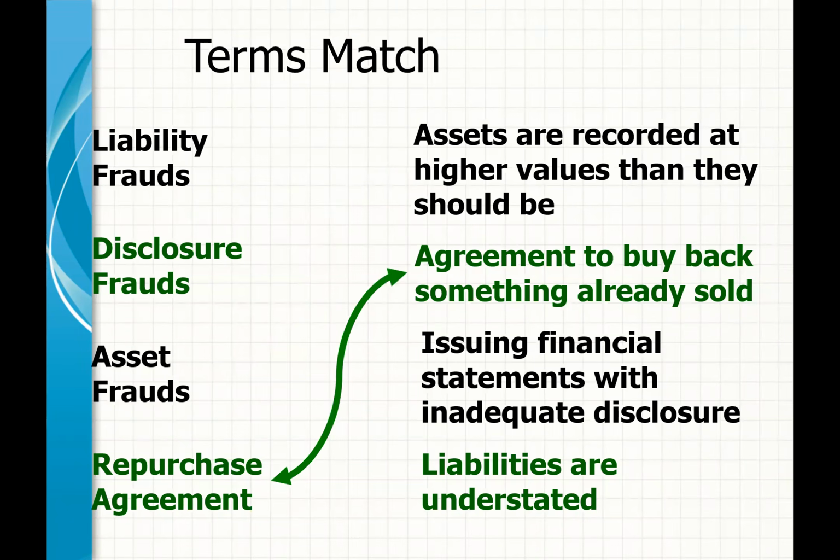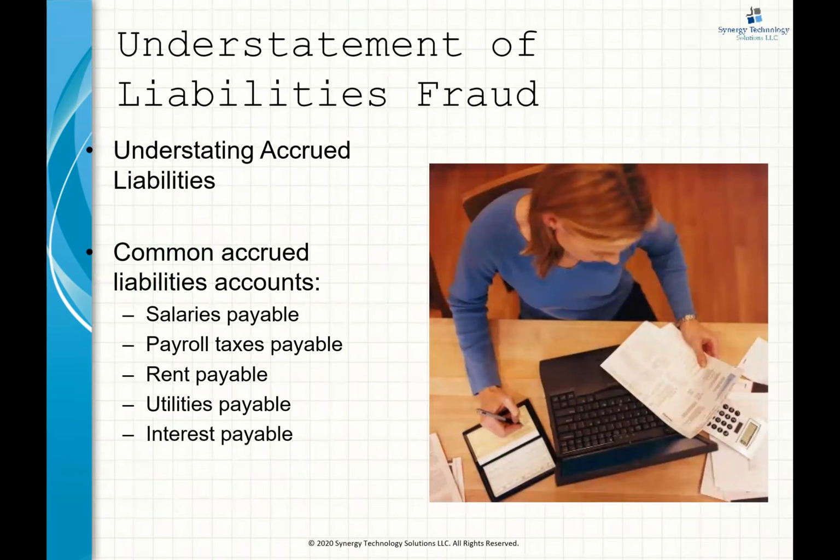Repurchase agreements: sometimes these agreements are not disclosed, and that could be a significant risk to the company. Now, understatement of liabilities fraud, where we are understating accrued liabilities. Usually the items that are understated are salaries payable, payroll tax payable, rent payable, utilities payable, interest payable. In some companies, these are very, very significant numbers.